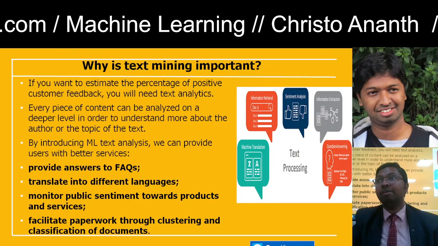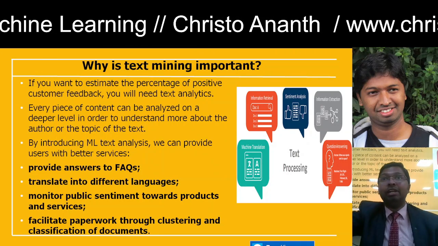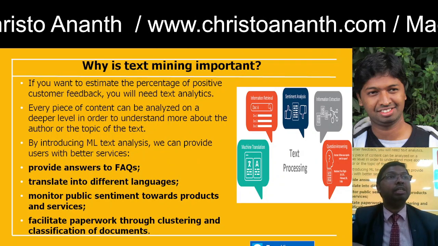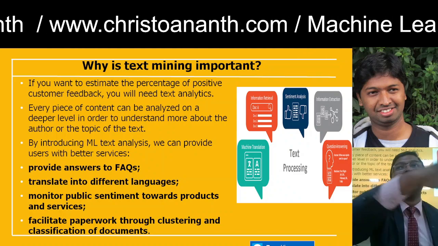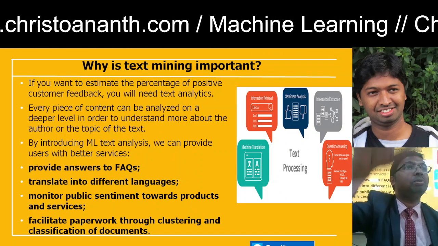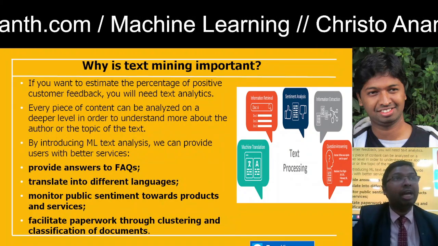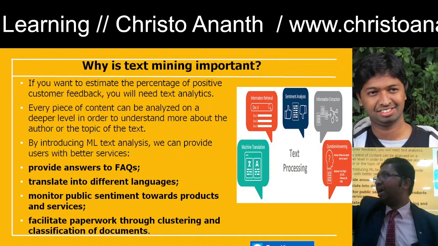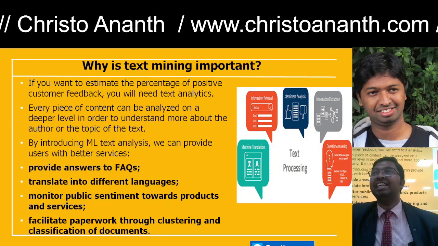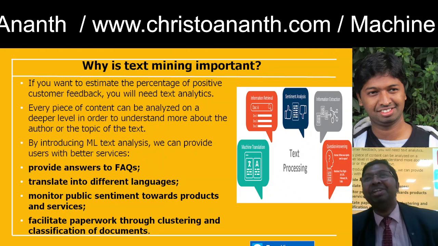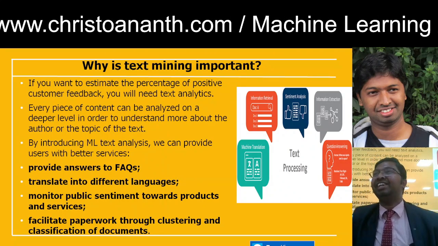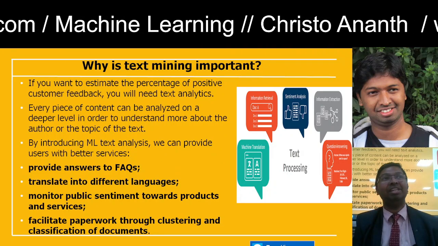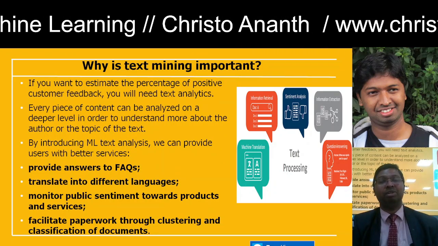It will take this answer and provide it to a third user. If another person asks, can I drink water, it will automatically say yes, you can drink water. That is the basic analysis of text mining.